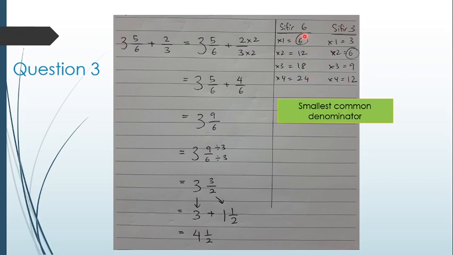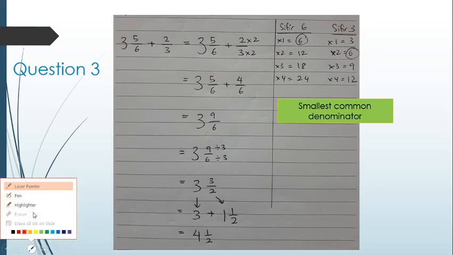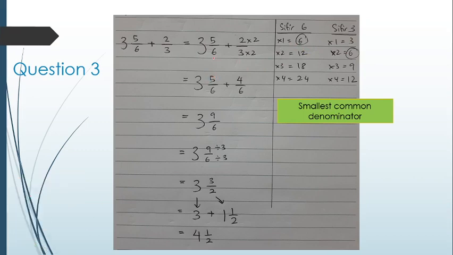The smallest common denominator is 6. 6 is in CFA 6, 6 is also in CFA 3. Therefore, this is already 6. Should we change it? No need to change because it is already 6. What we need to change is this one, 3. So this one, leave it. So 2 over 3, you want to change it. So 3, you need to change into 6.